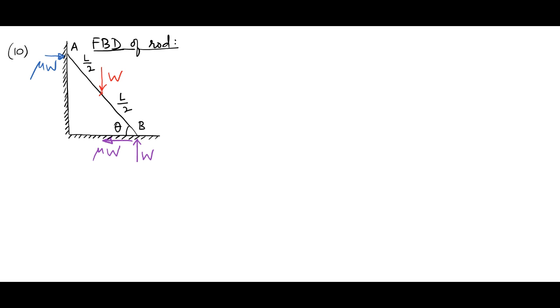Now we can get it in the moment equation, because, for example, if you consider the moment of this force mu times W about the end point B, then the moment is going to be the force, which is mu W, the magnitude, multiplied by this distance, and this distance is going to be L times sine of theta.